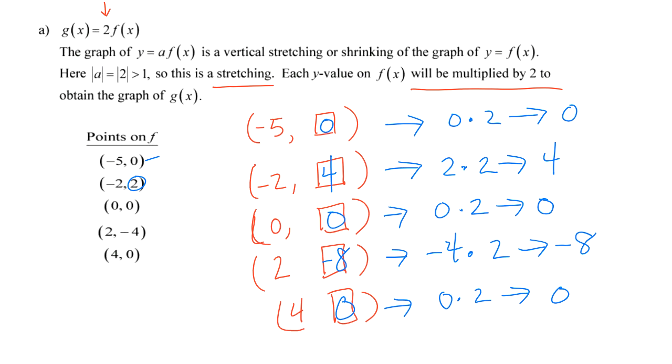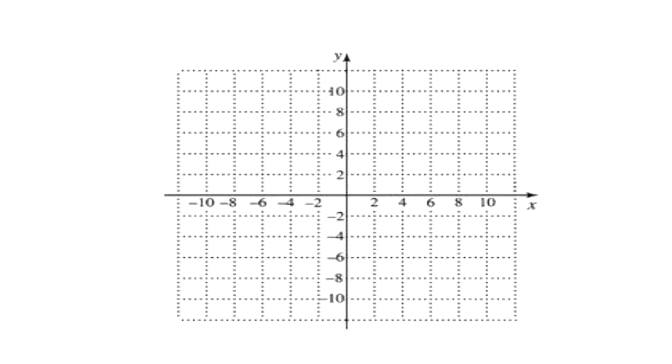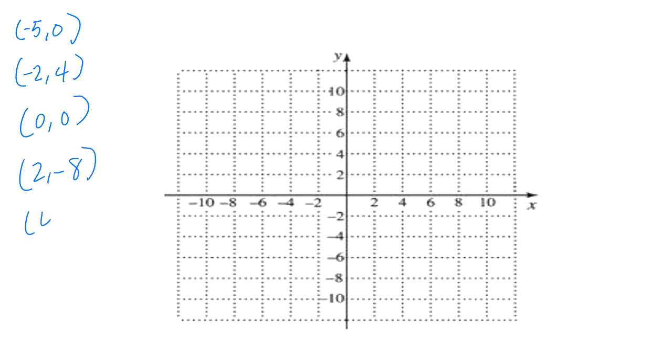So just remember that you multiply each y coordinate by 2, and then you just graph. So these are my new points.